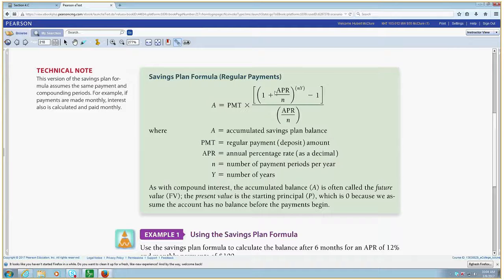But that's supposed to be 1 plus R over N raised to the NT power minus 1, over R over N. Now, if you wanted to change this and take N over R and multiply it up here, could you do that? Yes. So you could actually write this in a different way. You could say payment times all of this times N over R.